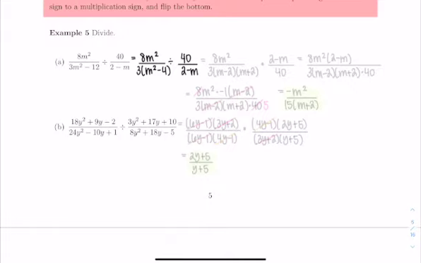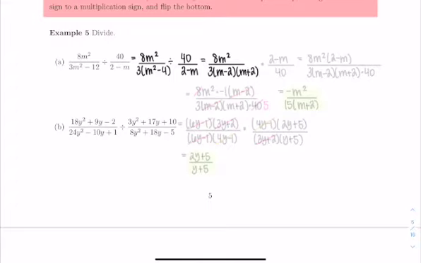We can't factor this down. But look at the denominator of the first rational expression. m squared minus 4 is a difference of two squares. So what we end up getting as our factorization in the bottom is 3 times m minus 2 times m plus 2.